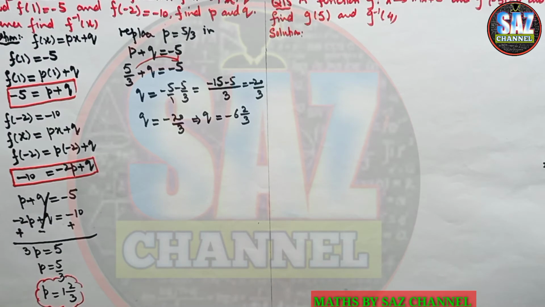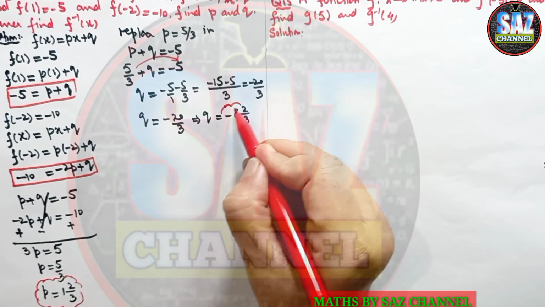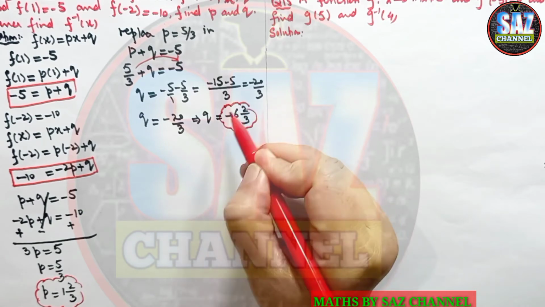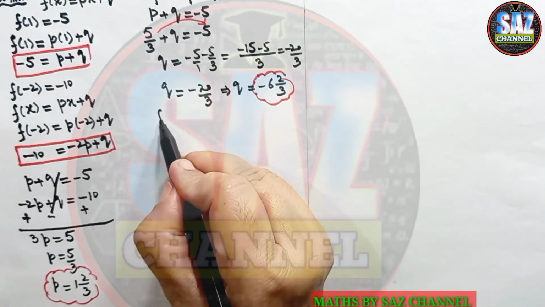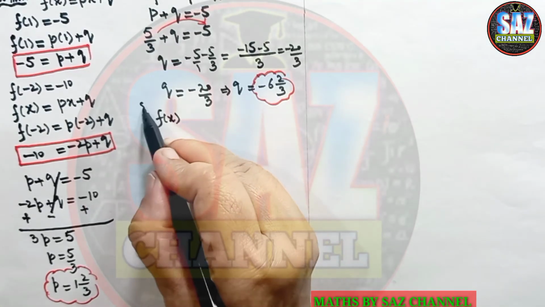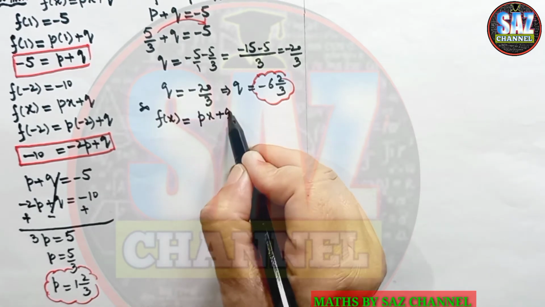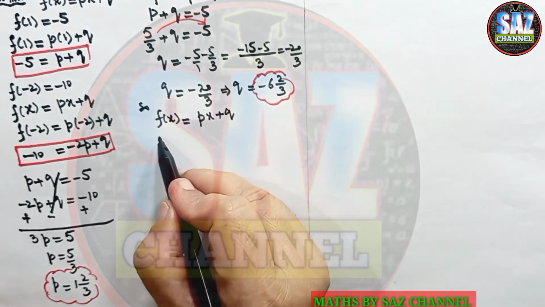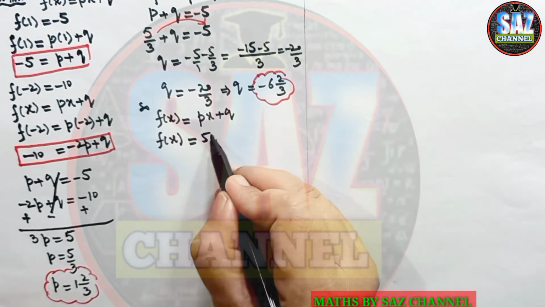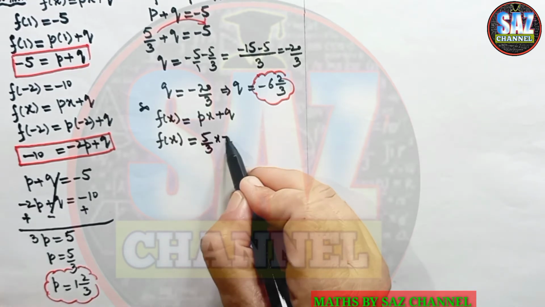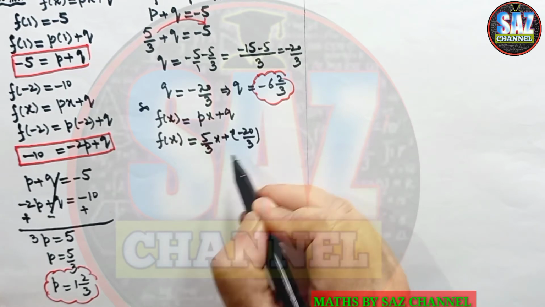Now after getting the values of p and q, I have to replace the values of p and q in the given function. So the function will take the form f of x equals px plus q, f of x equals p is 5 by 3 x plus q has the value minus 20 by 3.